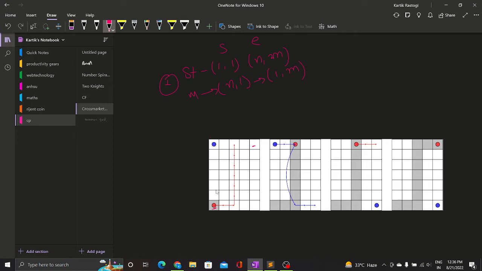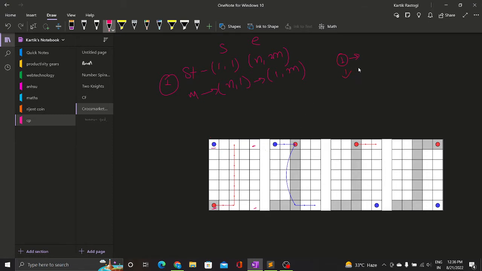Stanley has to start from here and go till here. So we need to calculate the minimum amount of energy required to move. To move from one cell to another cell, one unit of energy is consumed.